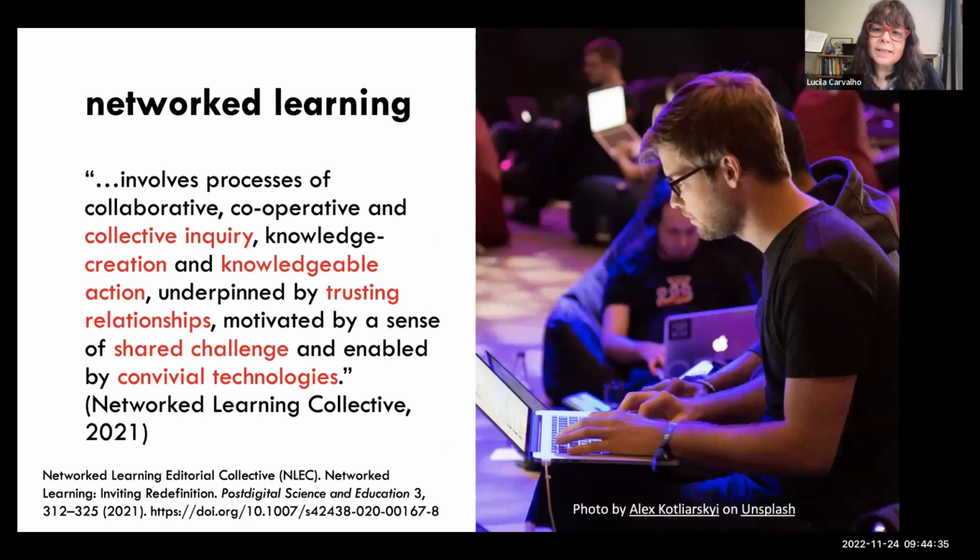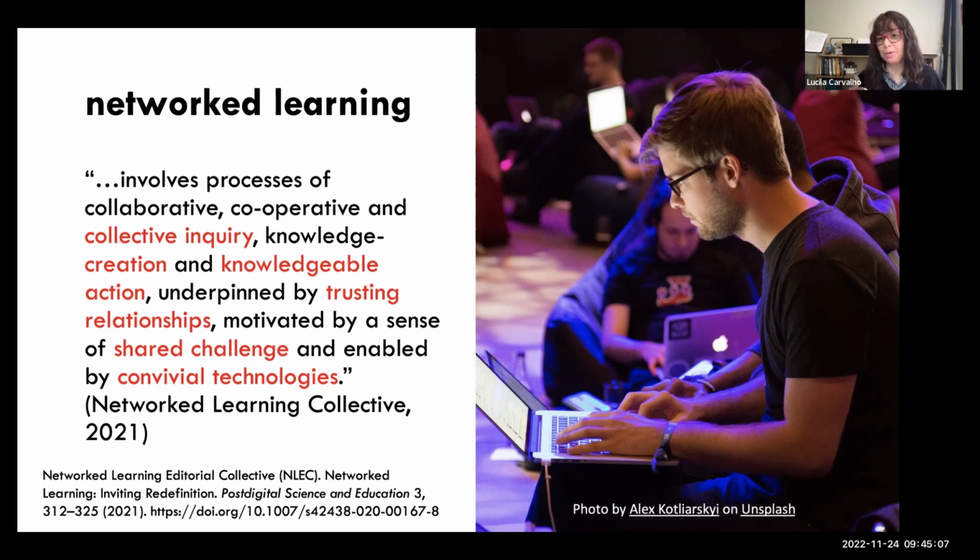So more recently, many academics from the field got together again to rethink their definition from the 90s, right? Thinking about what was not so clear, or how the main aspects of the definition could be made more explicit. And you can see in this definition over here, they wrote a paper called Inviting Redefinition.